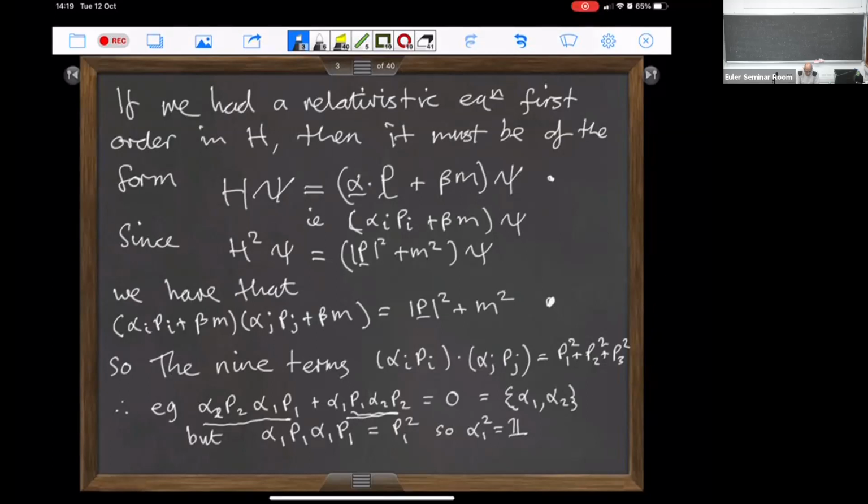Similarly, we get this equation here, which tells us that alpha 1 squared should be the identity. I hope I made that relatively clear, but please ask if it was confusing in any way.